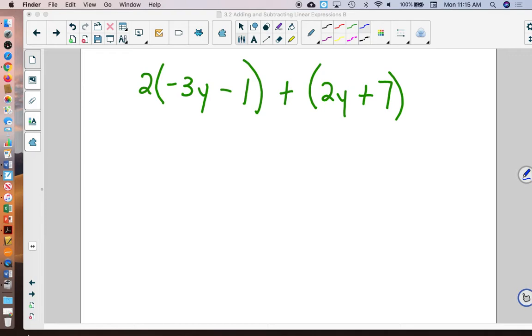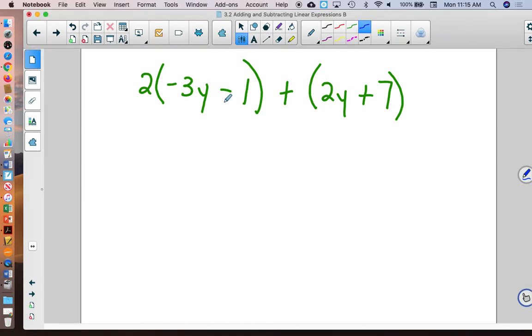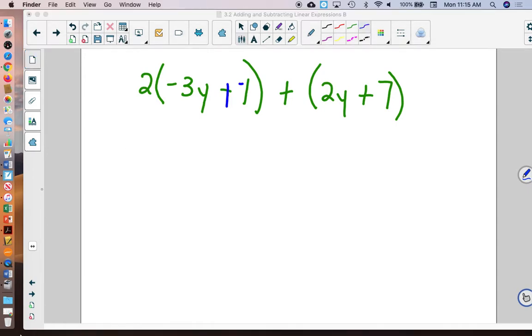What number do I have here in negative 3y minus 1? If I add opposite, what does the 1 become? Negative 1.